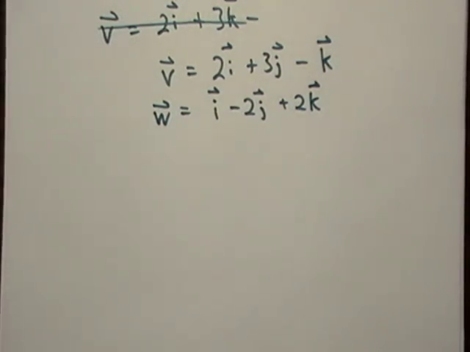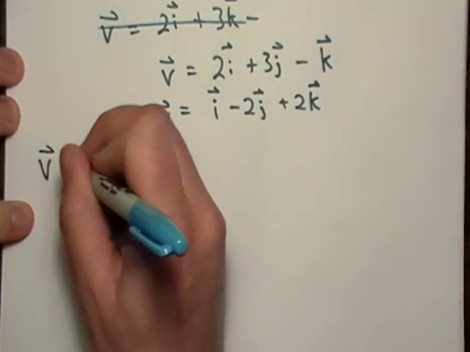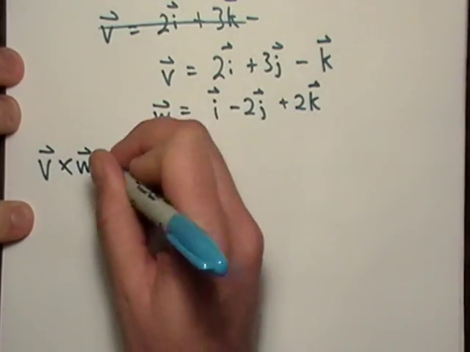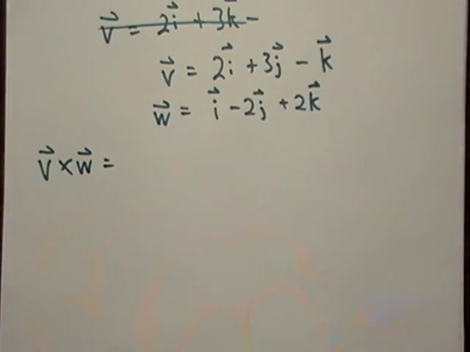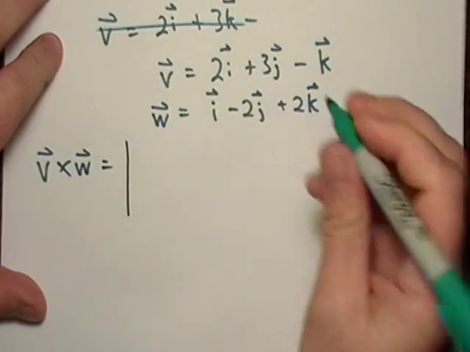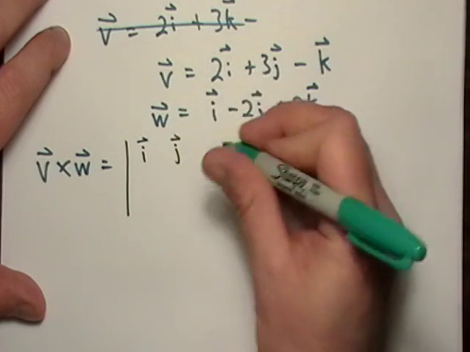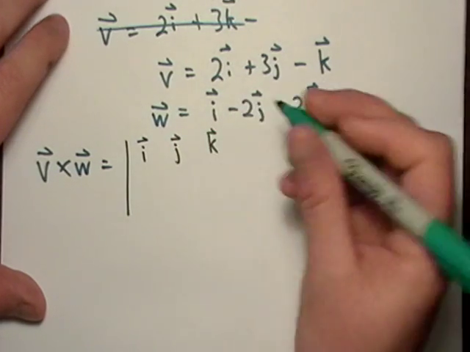Basically, what we're going to do is called setting up a determinant matrix. Let me just do it. V cross W. There's actually quite a bit to the why we're doing this, and it's mainly derived from a class called linear algebra. It's very boring, but it's useful.